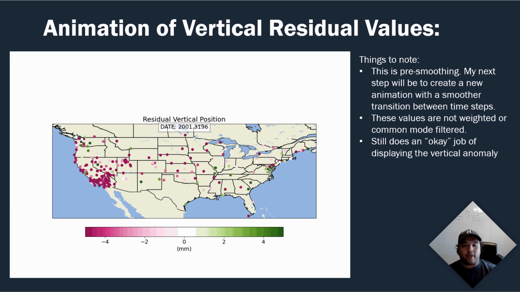The next logical step was to now iterate through every single time step that I have for the stations and put them together as an animation to see if we could visualize the flow better.